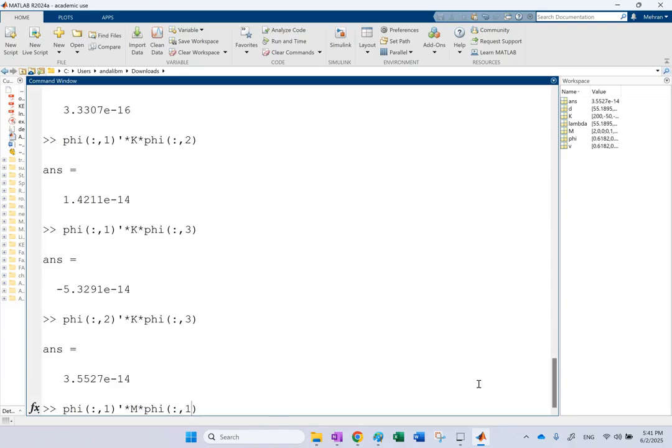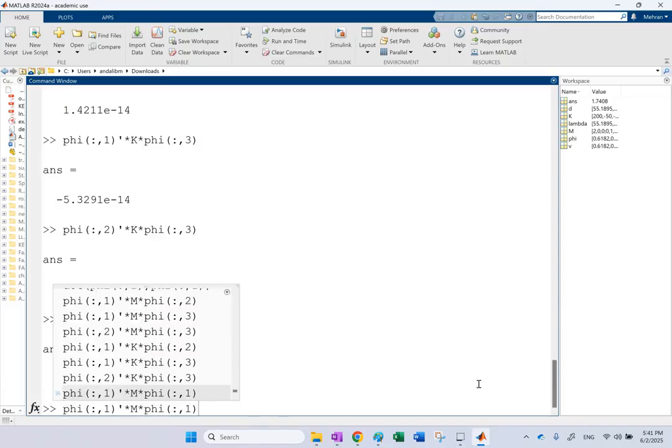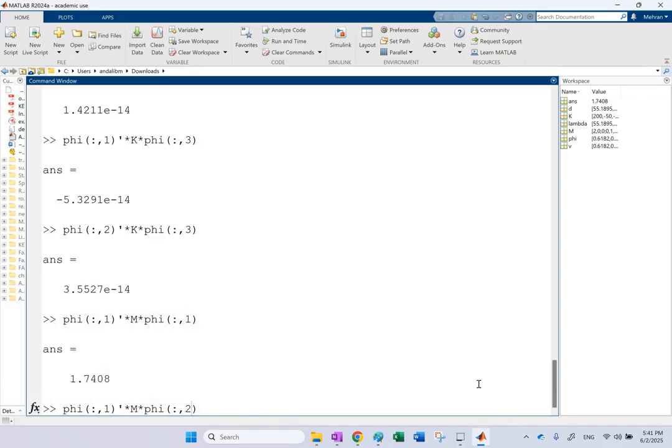What's going to happen? If I use phi 1 transpose M phi 1, then I get 1.74. It's not going to be 0, and if I do it for phi 2, it's not also going to be 0, and if I do it for phi 3, it's not going to be 0. So it's only for different phi's, not the same phi's, okay?